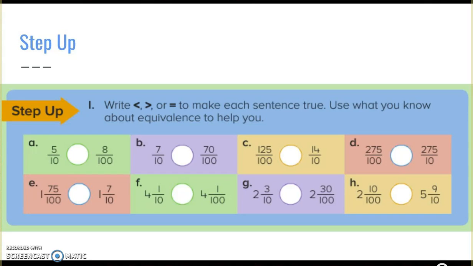I know that if I do 10 times 10, I will get 100, which is the same denominator that I have in this equation right here. So I'm going to do times 10, and that would give me 50 100ths. So now I know that I can compare 50 100ths and 8 100ths. 50 100ths is greater than 8 100ths.